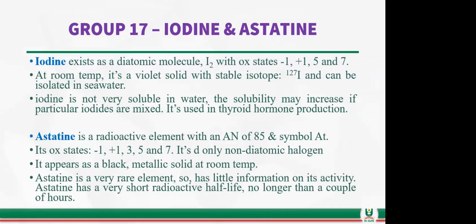Astatine is a radioactive element with an atomic number of 85 and the symbol At. It has oxidation states of -1, +1, 3, 5, and 7. It is the only non-diatomic halogen. See, all of the halogens are diatomic in nature, but astatine exists as a monoatomic element. Why?